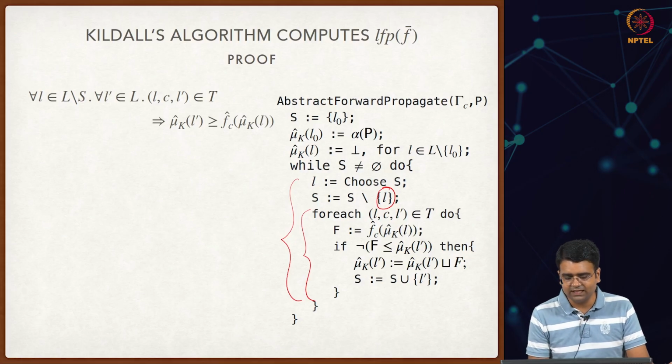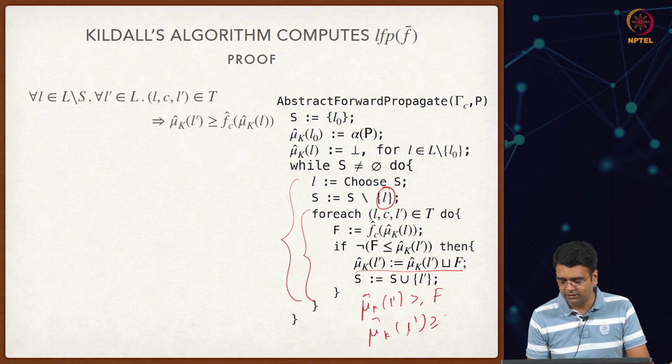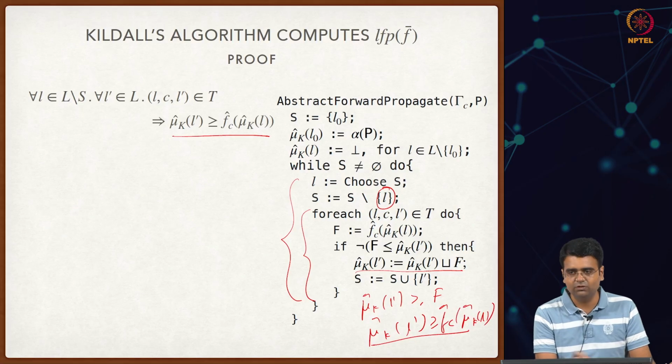So it computes this f at C of mu hat k of L, and then if mu hat k at L prime is not greater than or equal to f, then it does a join. The join makes sure that the new value at the location L prime, which is mu hat k at L prime, will be greater than or equal to the value f, which is nothing but f at C of mu hat k of L. And this is exactly what we want to show.